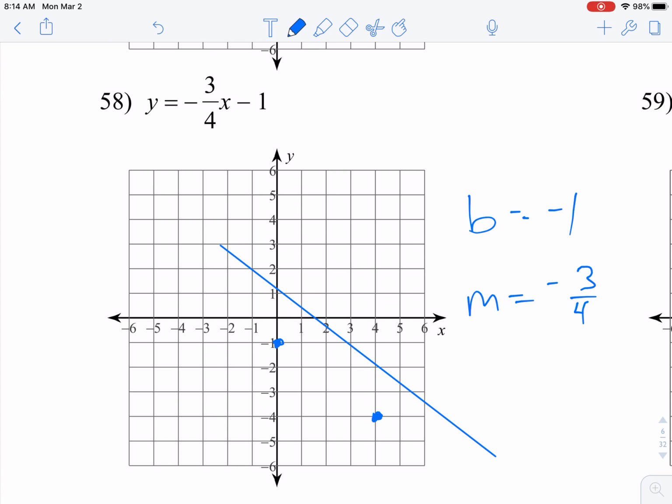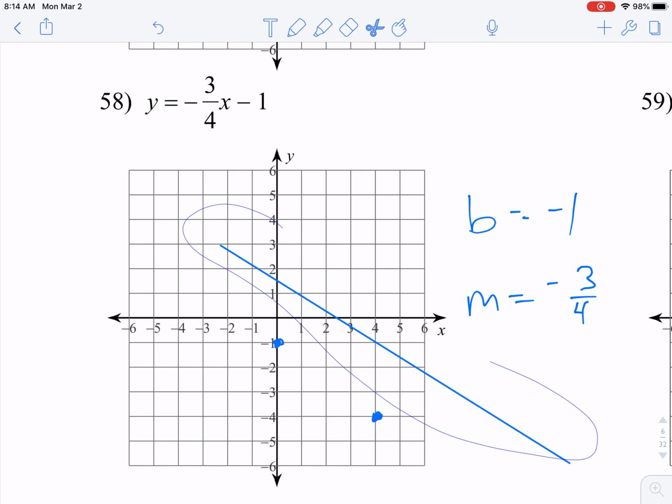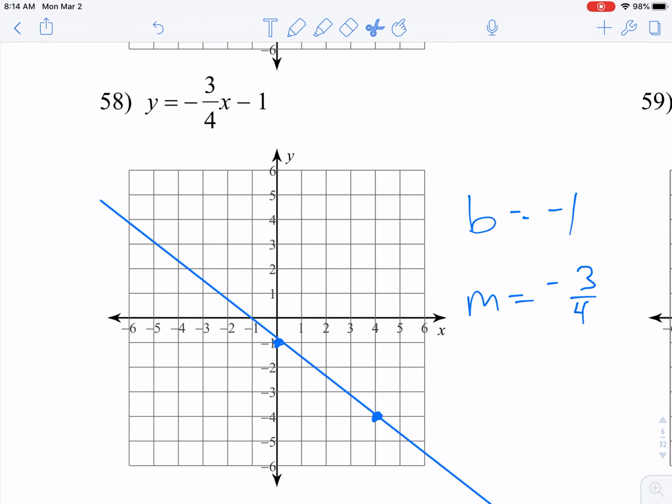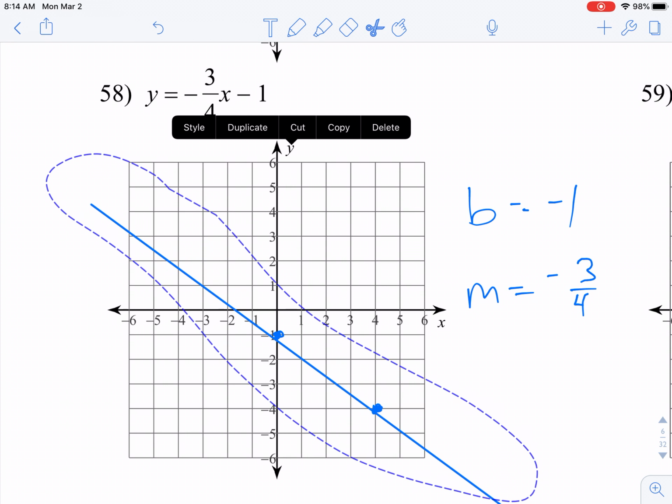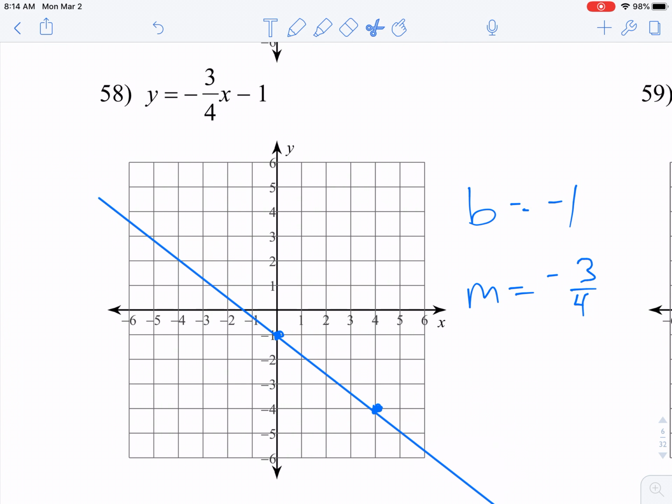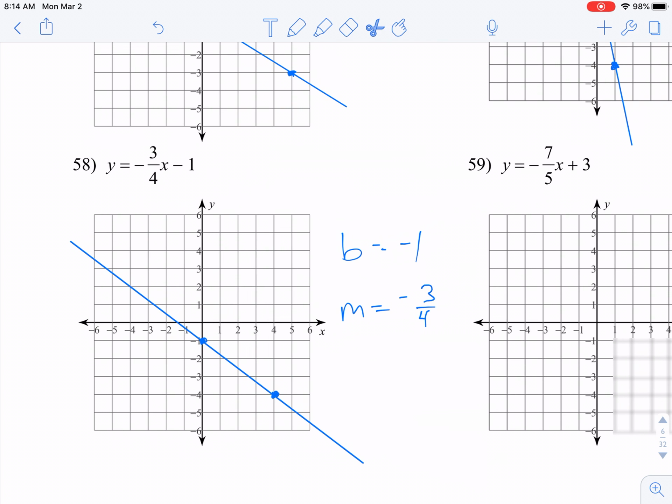Again, use a ruler, graph your line. Try to make sure that you can get it to go all the way through the graph. Make sure that you have it in exactly the right spot, otherwise you'll miss the problem. So make sure that you go through those points.